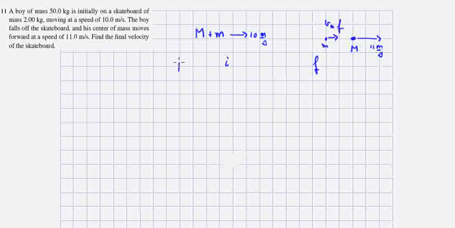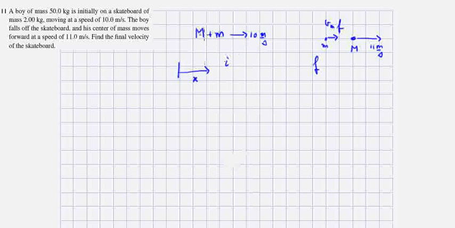Okay, and I'll put a coordinate system in this way. This is a one-dimensional problem. And again, I'm not going to put X subscripts on here. So we can assume conservation of momentum in the horizontal direction immediately after the collision, because there are no external forces acting in the horizontal direction.